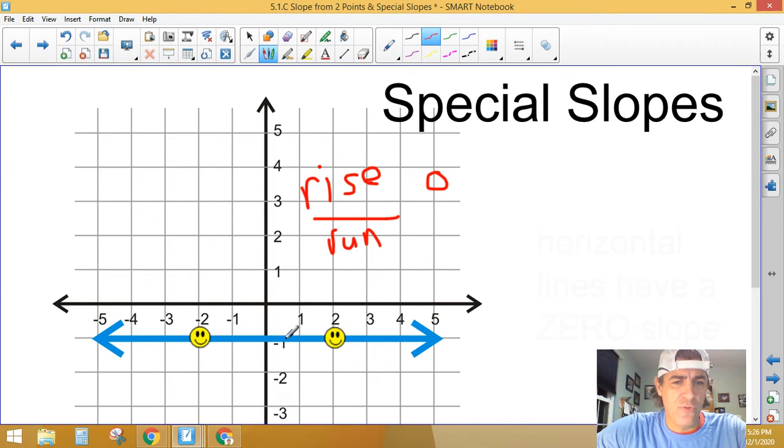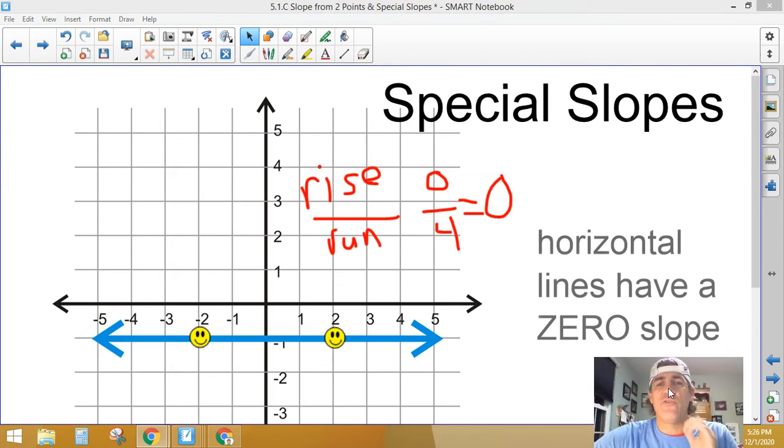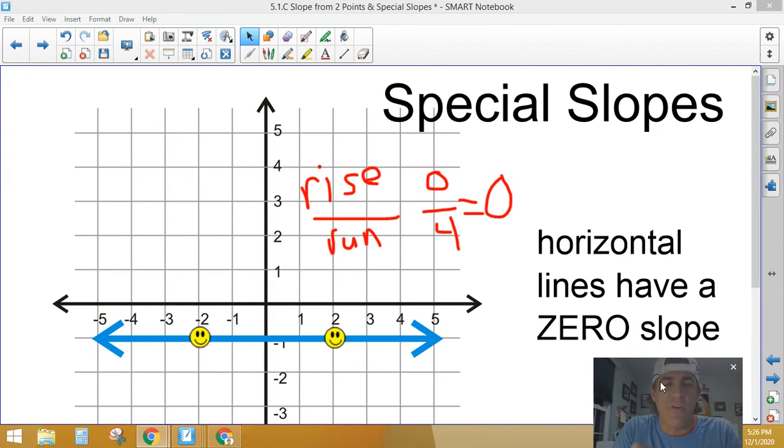I chose 1, 2, 3, 4. 0 over anything is always 0. So here's the special slope. Horizontal lines have a 0 slope. You must remember that. A horizontal line has a slope of 0, a numerical value of 0. Special slope number 1.